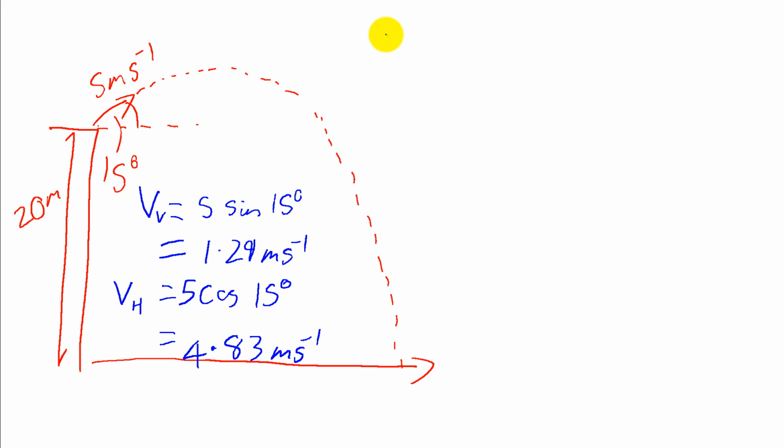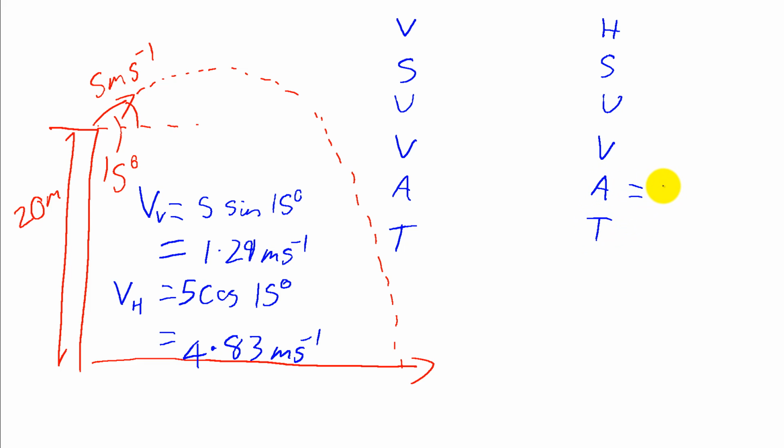So let's write out our SUVAT variables, one for the vertical, one for the horizontal. So we've got S, U, V, A, T, and S, U, V, A, T. Now horizontally, we've got no acceleration, so actually, horizontally, we don't need a full set of SUVAT.